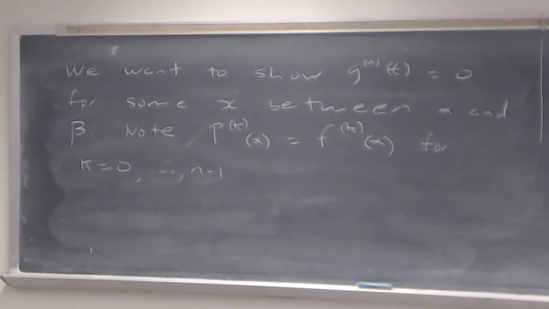And that can be seen by looking at what p of t is, taking its derivative, then evaluating at alpha.